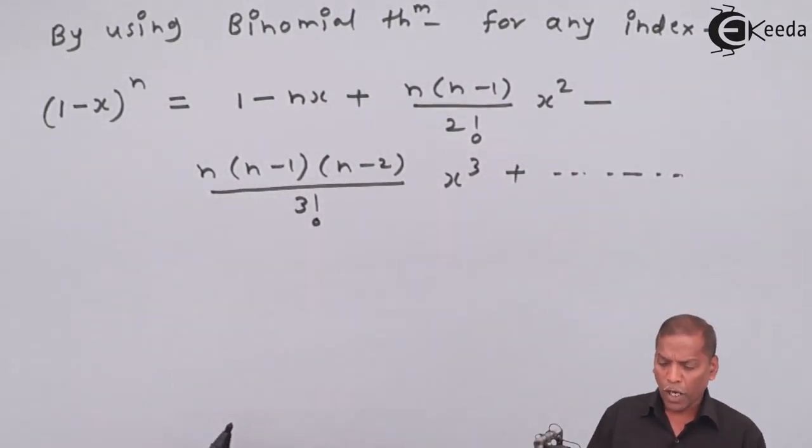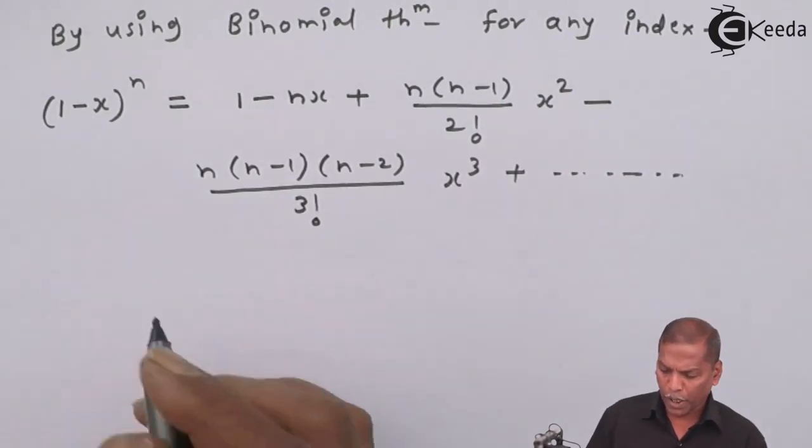Now in this formula we put x equal to b upon a and n equal to minus 3.